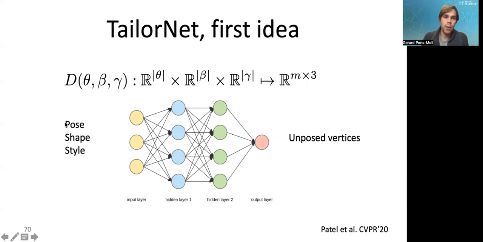You give the parameters of the pose, the shape, and the style, encoding the particular geometry of the garment. And you have to learn one of these neural networks for every type of garment: for t-shirts, for long sleeve, for pants, for skirts, and so on, right? So you learn a mapping that goes from the pose, shape, gamma, to these m times 3 vertices of the garment. Now, will this work?